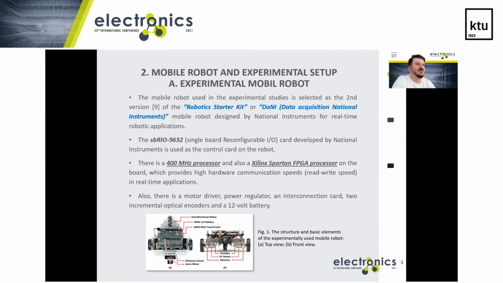This processor is really suitable for real-time applications with high hardware communication speeds. The robot also has a dual motor driver, a power regulator, an interconnection card, two incremental optical encoders, and of course a battery. In figure 1 we can see the structure and the basic elements of the mobile robot.